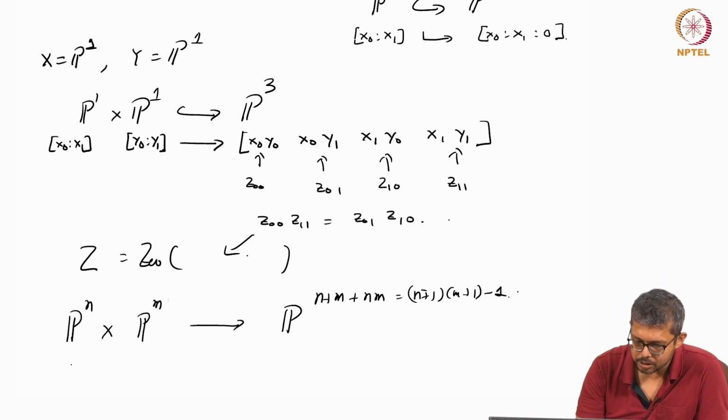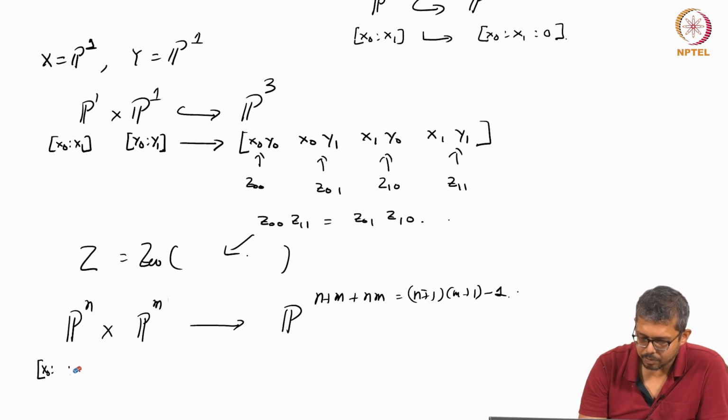You take x naught, x1, up to xn, and you take y naught, y1, up to ym.